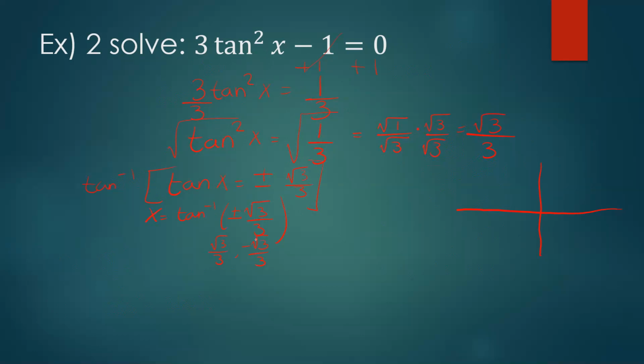Our only possibilities are in quadrant 1 and quadrant 2, because quadrant 3 would be positive. And so it's going to be pi over 6 and 5 pi over 6, right?